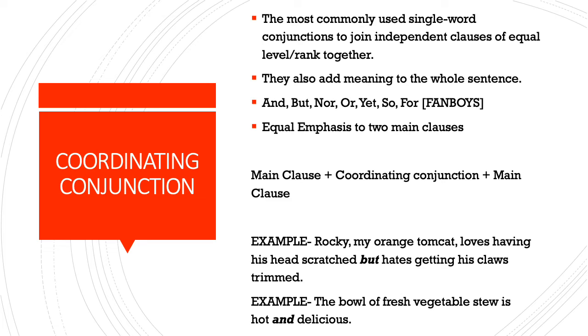So, the bowl of fresh vegetable stew is hot, the bowl of fresh vegetable stew is delicious. If we have to join these two sentences together, we will just put an "and" in the middle, and then we will have the sentence with the coordinating conjunction: the bowl of fresh vegetable stew is hot and delicious. Right?